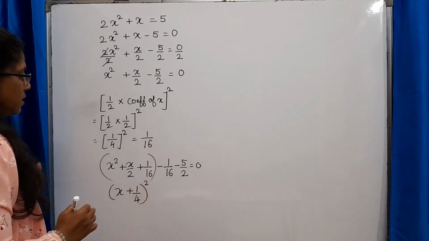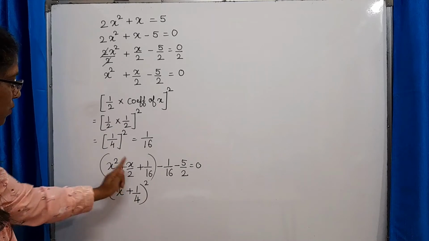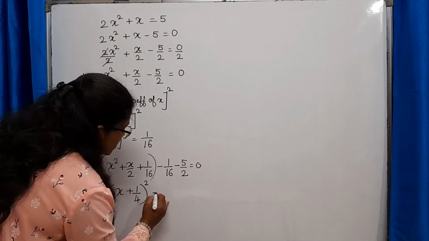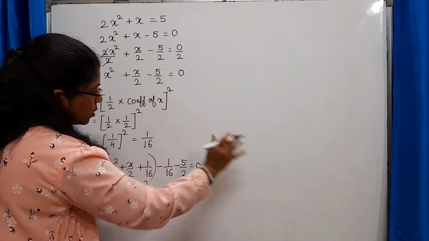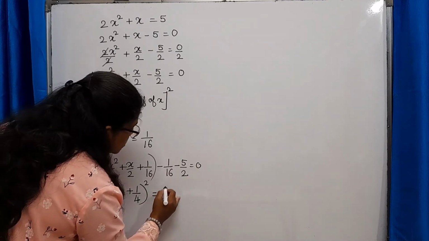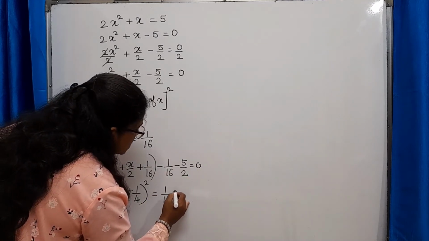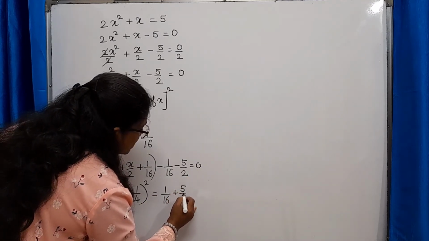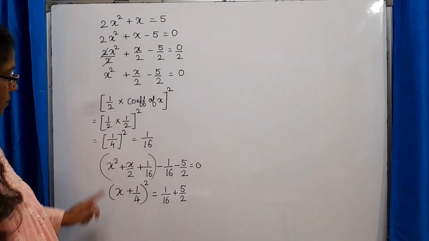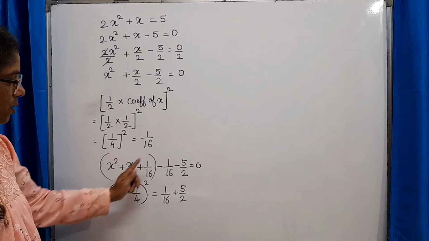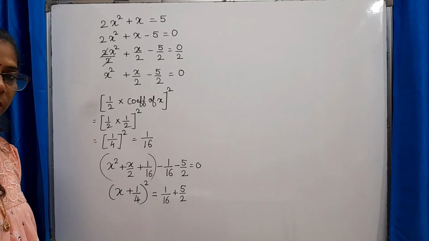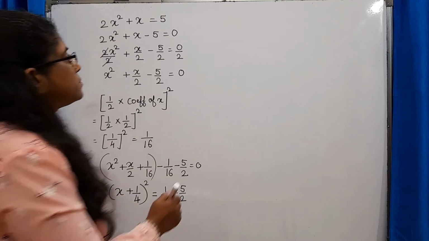So this part is square of x plus 1 upon 4 is equal to, we will shift these terms to the RHS, is equal to 1 upon 16 plus 5 upon 2. Fine. x plus 1 upon 4 whole square is 1 upon 16 plus 5 upon 2. We will solve this.